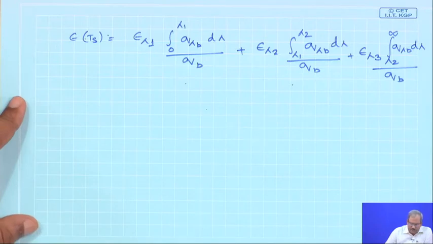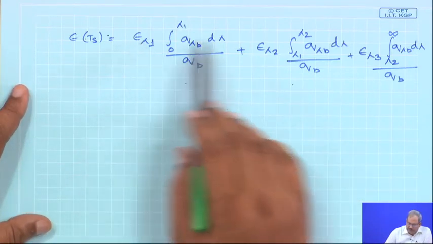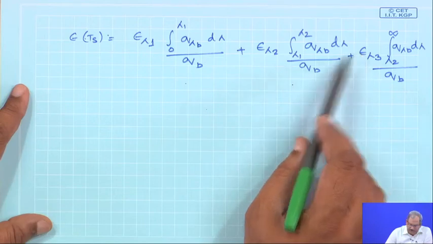So, this is simply dividing it into 3 parts and adding them together.